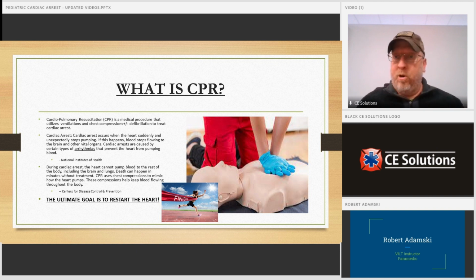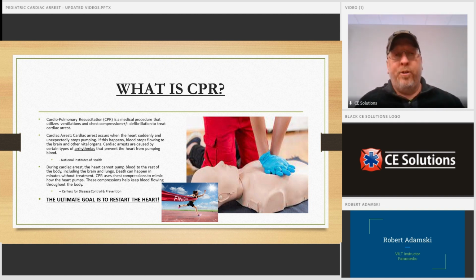So therefore, there is no blood flow and no importation of nutrients like oxygen and no removal of metabolic waste products like carbon dioxide and lactic acid to the vital organs like the heart, the brain, the kidneys, etc. That is what cardiac arrest is. And realize that cardiac arrest, all right, is where patients are clinically dead. All right. They are apneic, which means they are not breathing, and they do not have a pulse. That's what cardiac arrest is.